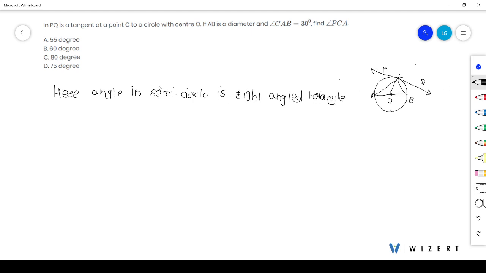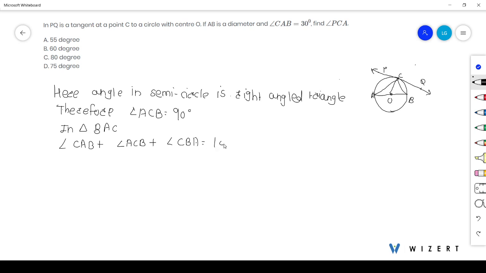Therefore, angle ACB equals 90 degrees. In triangle BAC, angle CAB plus angle ACB plus angle CBA, that is the sum of all the angles of the triangle, is 180 degrees.